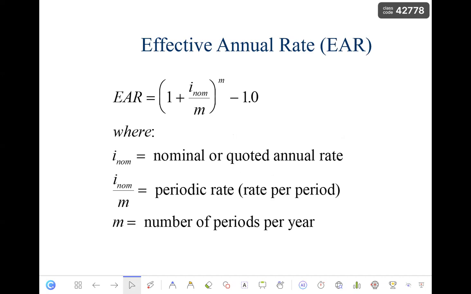An effective annual rate is just another metric. You'll hear this a lot, especially with tax rate, what the effective rate is. And this is the formula. Yes, it looks ugly, but again, we can break it down pretty simply. EAR is just the name of effective annual rate. That's what we're trying to solve for. The formula is the quantity of 1 plus I num, which is the quoted annual rate, divided by M, the number of periods in the year.